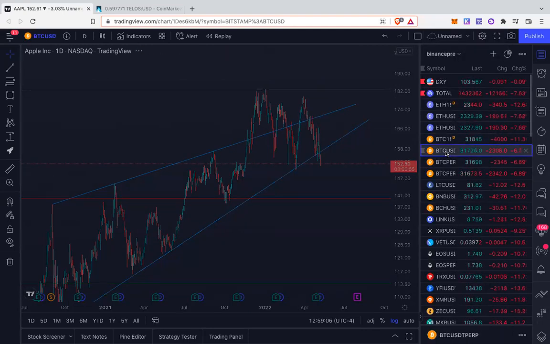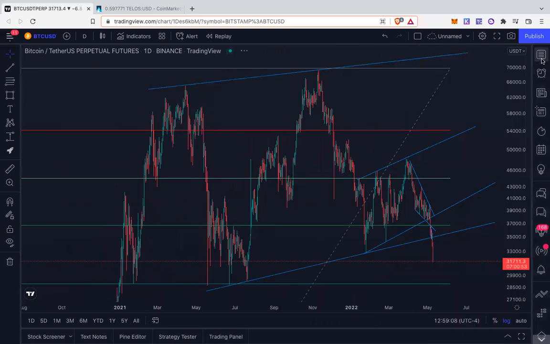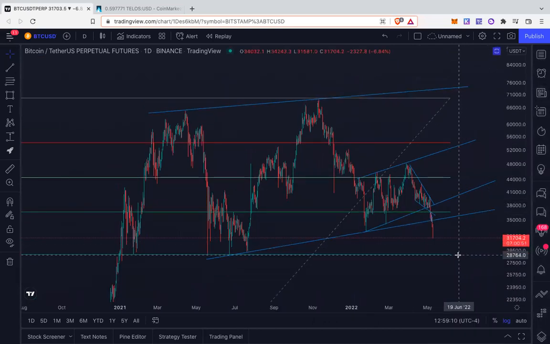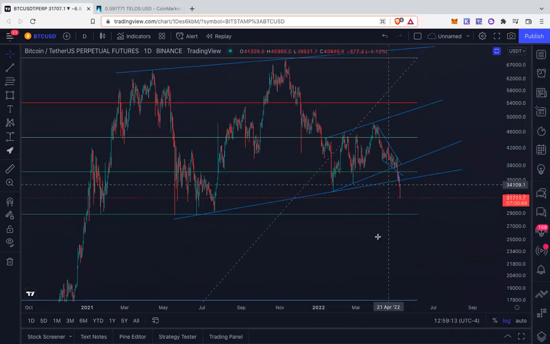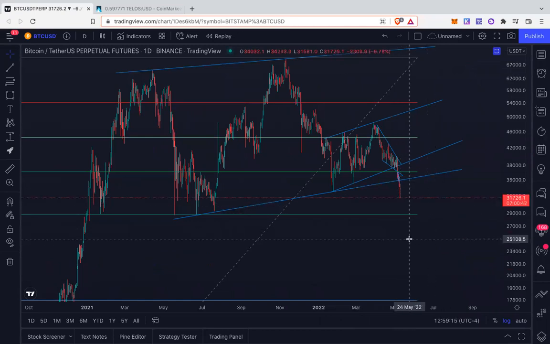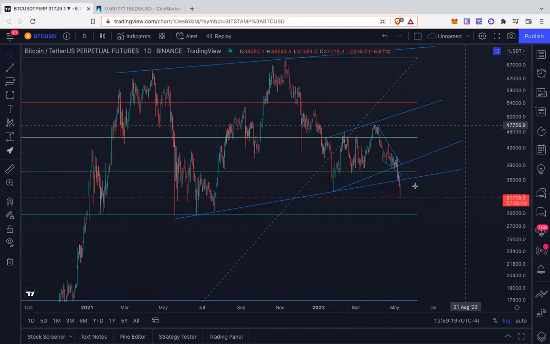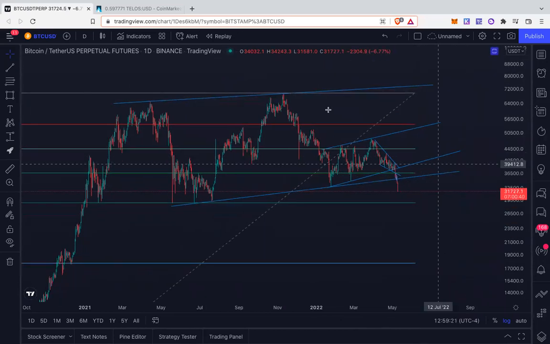This is speculation. People are buying the asset because they feel that it's going to go up more than what it is today. But in the future, they think Bitcoin is going to be at 100K plus. There's no guarantee that's ever going to happen.